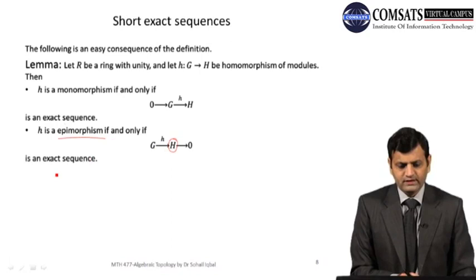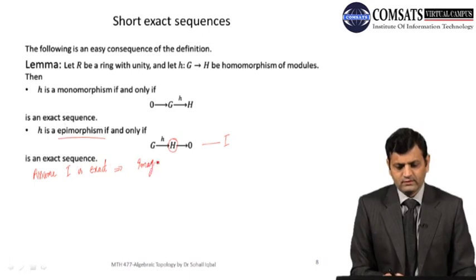So assume that it is exact. Let's call it 1. Assume that 1 is exact. So exactness implies the image of h is equal to the kernel of f, let's say this map is called f.